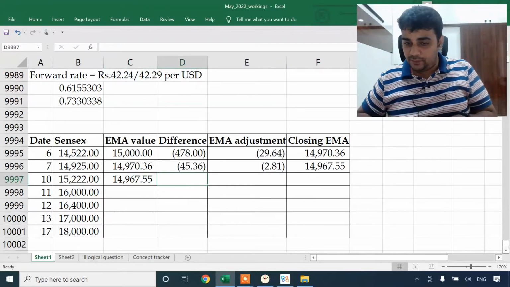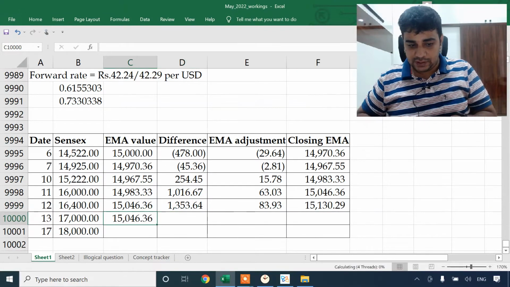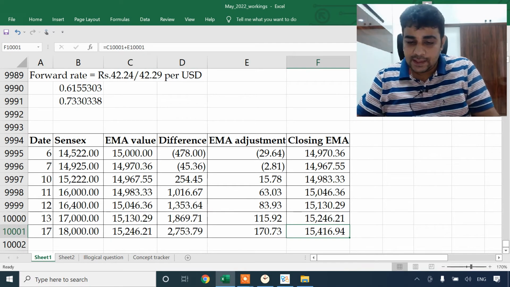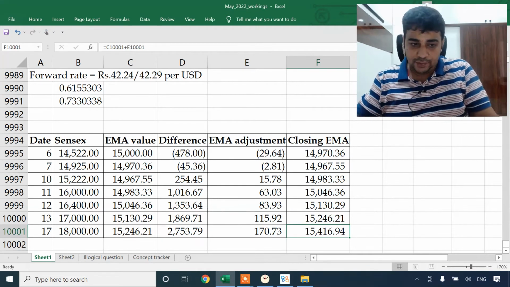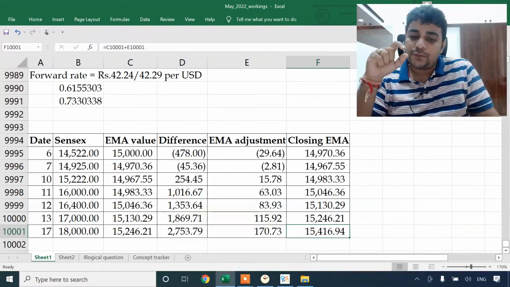This is the opening value, difference, adjustment, closing. Difference, adjustment, closing. So we keep doing this, and that's how we get the closing EMA value. The starting EMA value is 15,000 compared with 14,522.